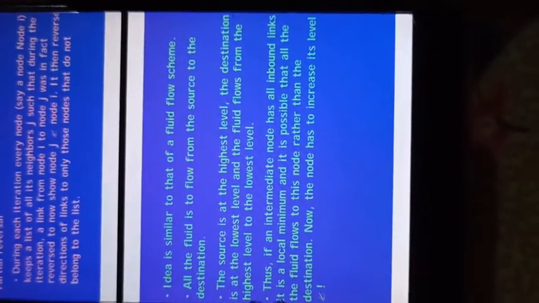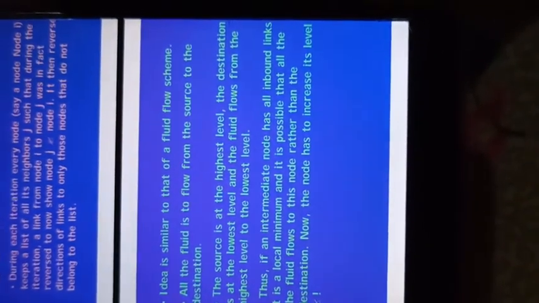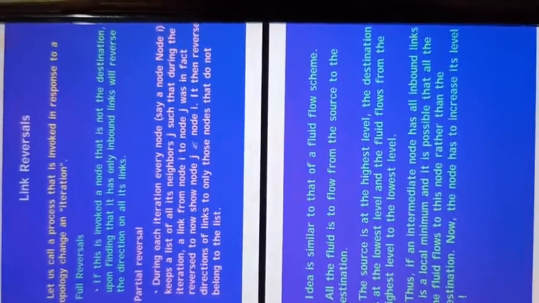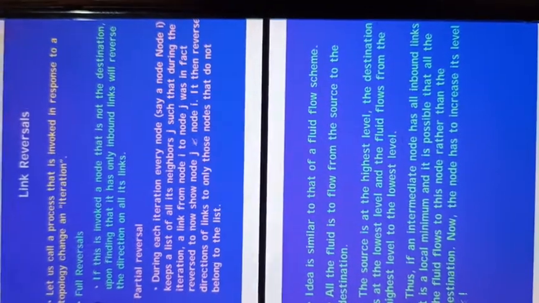The idea is similar to that of a fluid flow scheme. What is a fluid flow scheme? All the fluid is to flow from the source to the destination. The source is at the highest level, the destination is at the lowest level, and the fluid flows from the highest level to the lowest level.